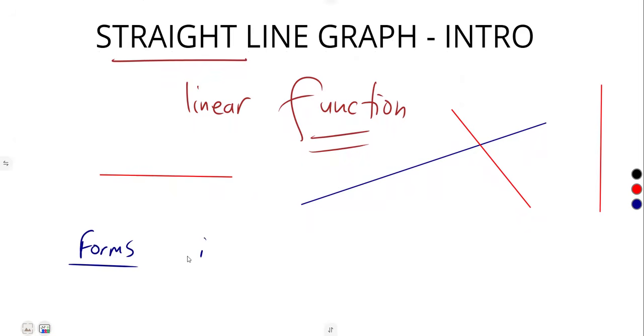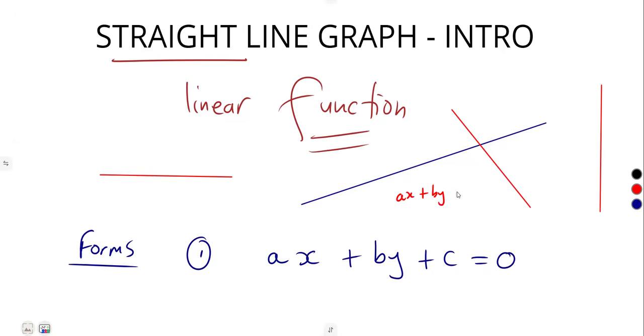It can be represented or given as ax plus by plus c is equal to 0. Some textbooks take it as ax plus by is equal to c. Do not worry about that.